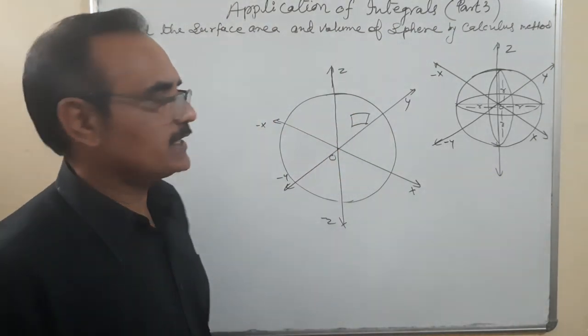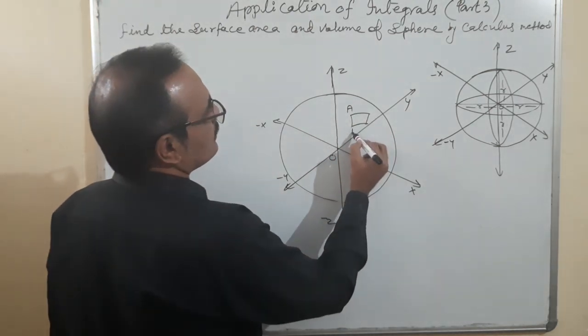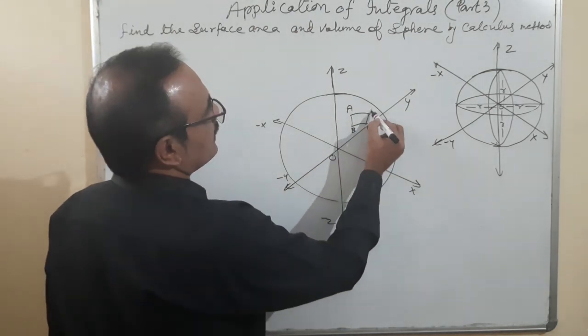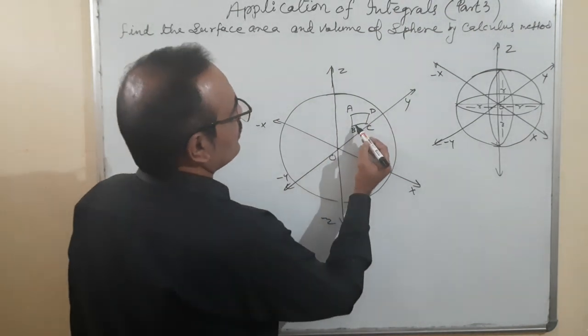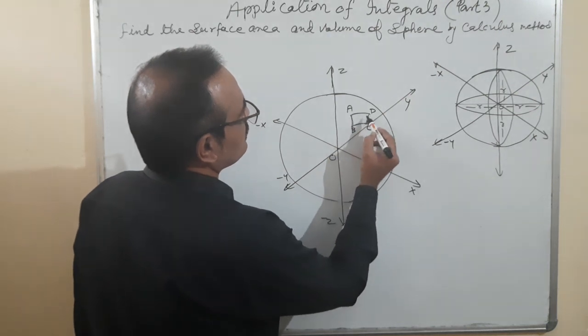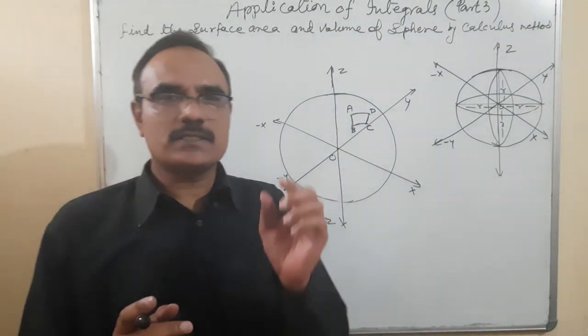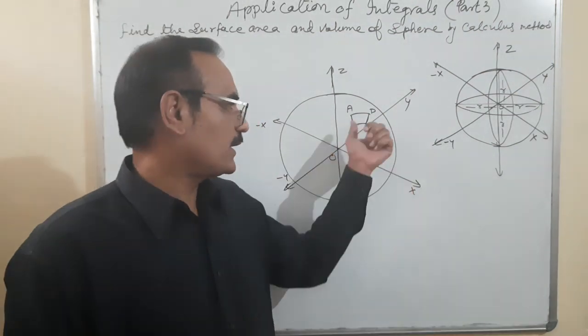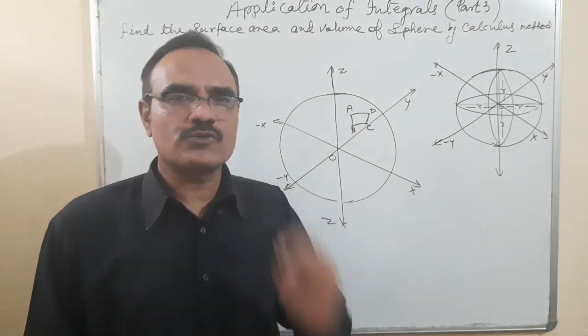The name is A, B, C, and D. It's okay. This is the area. I look at one thing: one is this, second is this one. We are considering that this area is a very small portion I have taken here. So these arcs are treated as straight lines because a very small portion I have taken.